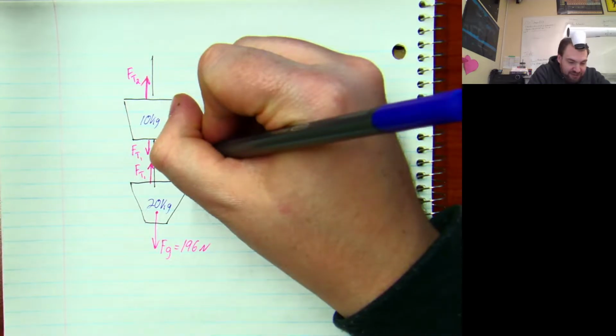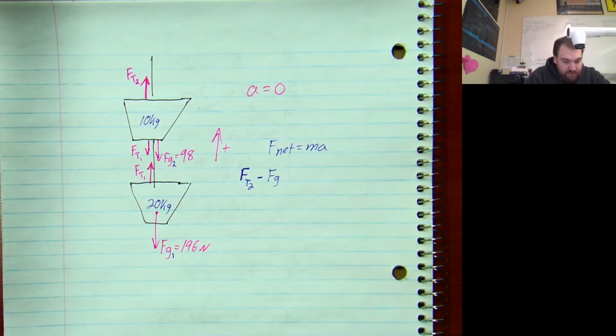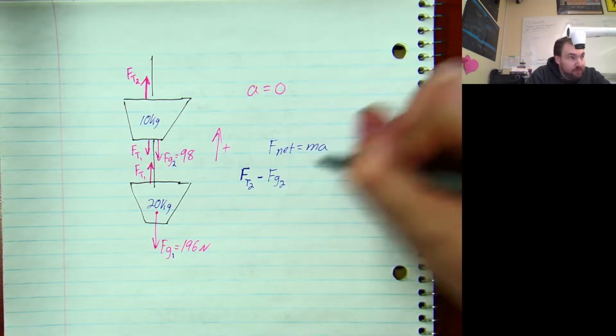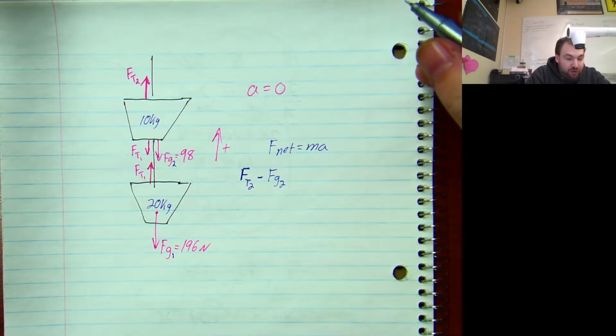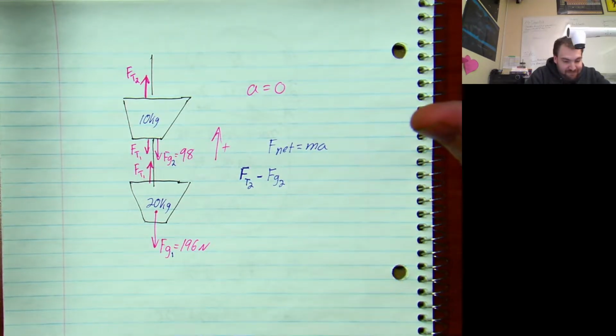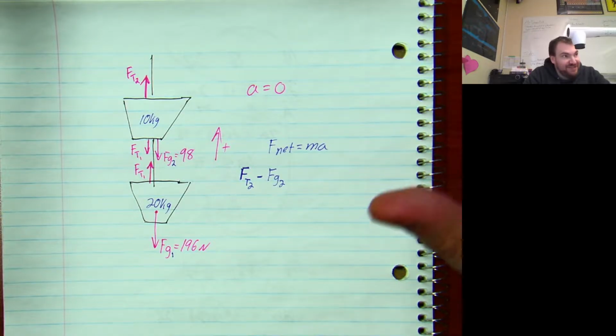I'll call this FG2, and I'll call this FG1. So FT2 minus FG2. Hold on, no, we have to do it for the whole system.